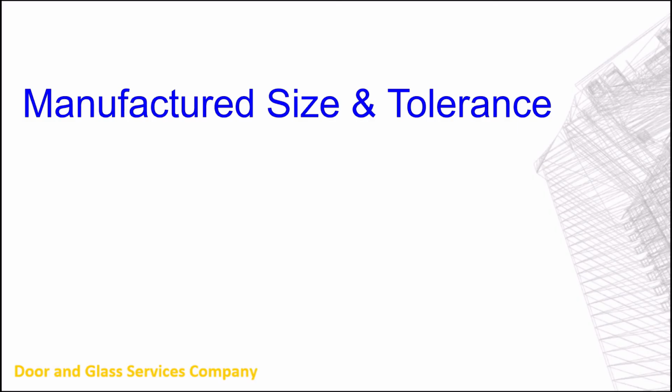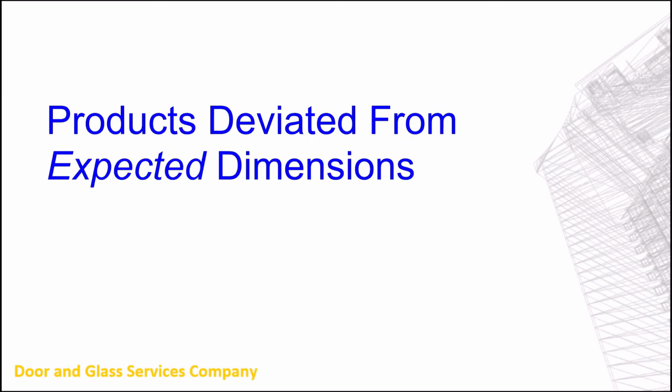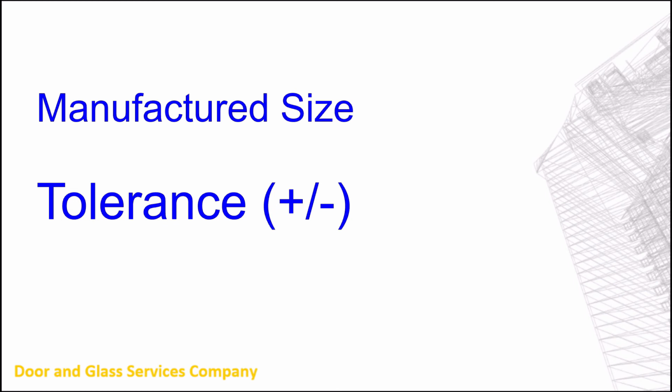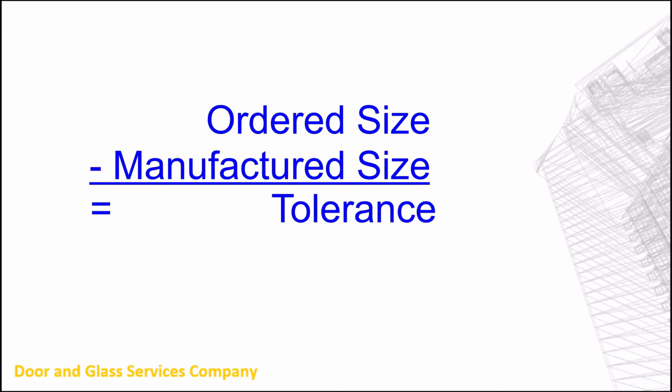In the same way that construction work normally deviates some amount from its expected dimensions, manufactured products normally deviate some amount from their expected dimensions. Just as the construction industry has established standards, manufacturing industries have published standards for the inherent deviation of manufactured sizes from ordered sizes.